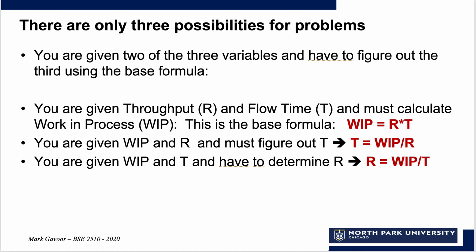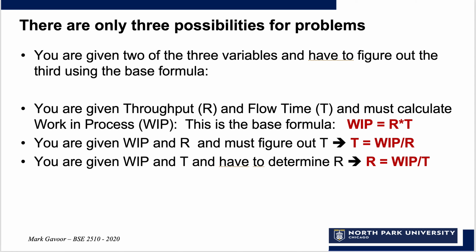There are only three possibilities for this problem. You are given two of the three variables and have to figure out the third using the base formula. If you're given throughput R and flow time T, we have to calculate work in process.